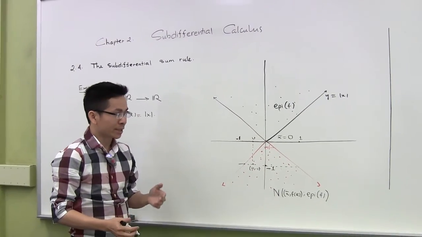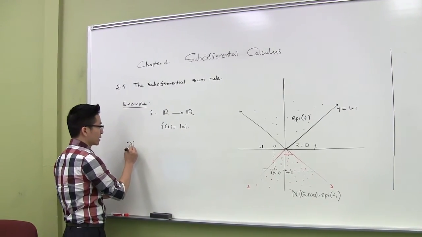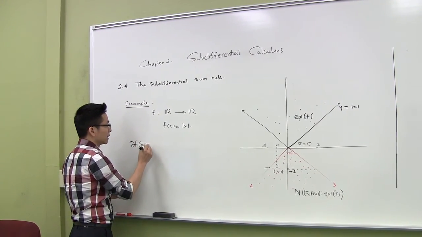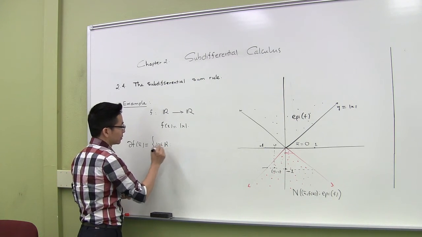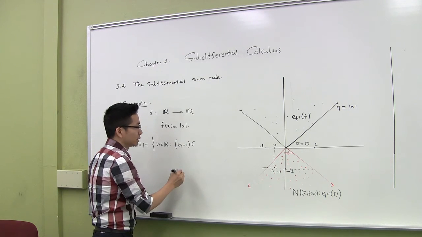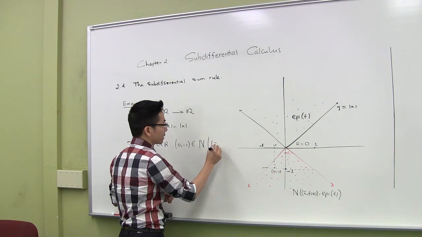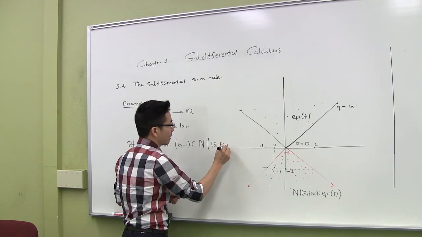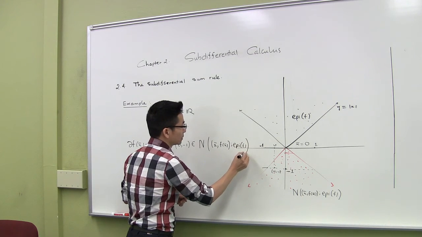So by the proposition, the subdifferential of the function f at x bar contains all v in R so that v minus 1 belongs to the normal cone to the epigraph of the function at x bar, f of x bar. Okay?